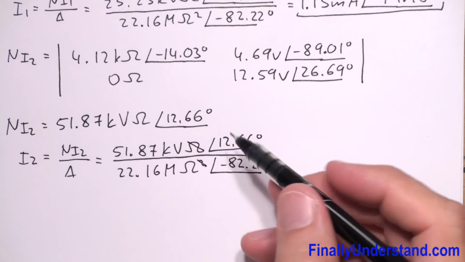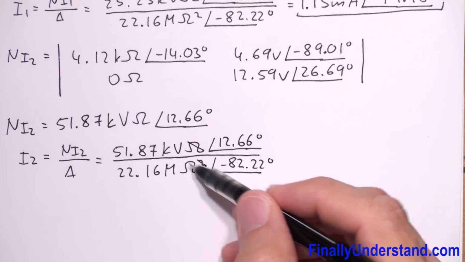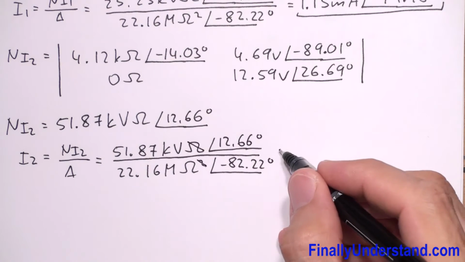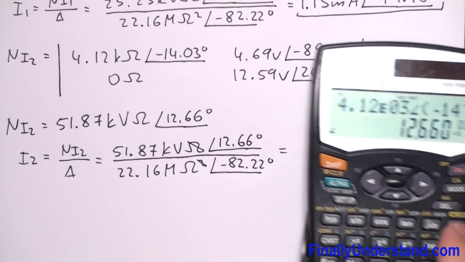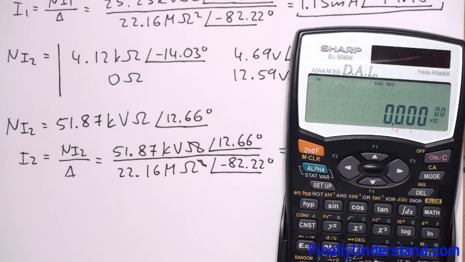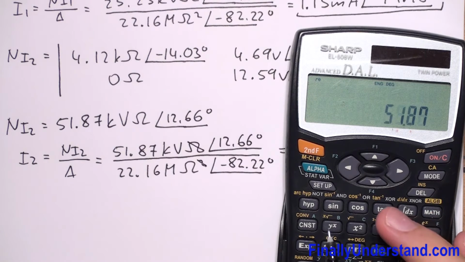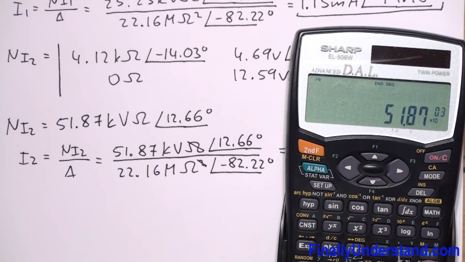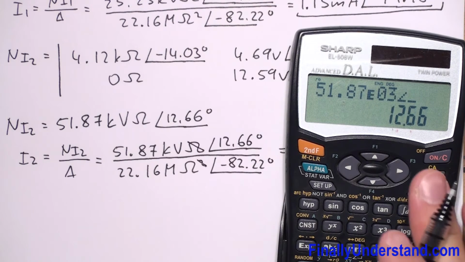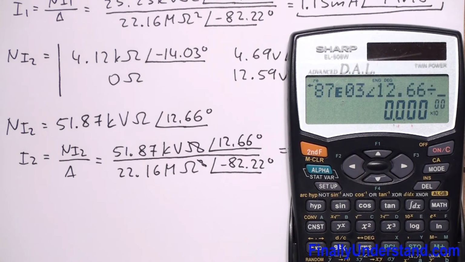Volt divided by ohm will give me amps, so simply perform the division. 51.87 exponent 3 and angle of 12.66 divided by 22.16 exponent 6 and angle of negative 82.22.